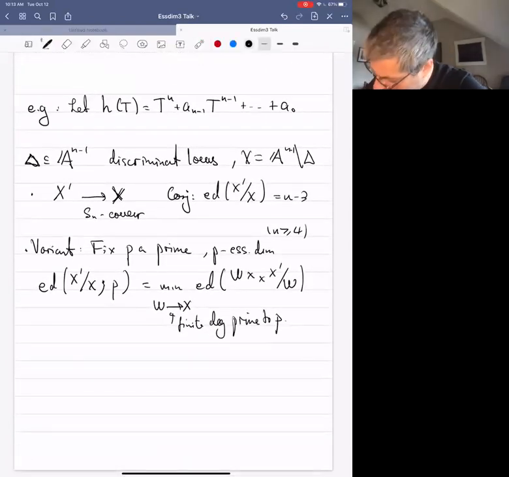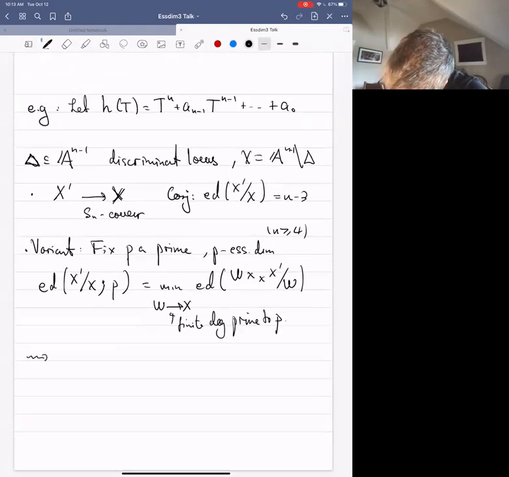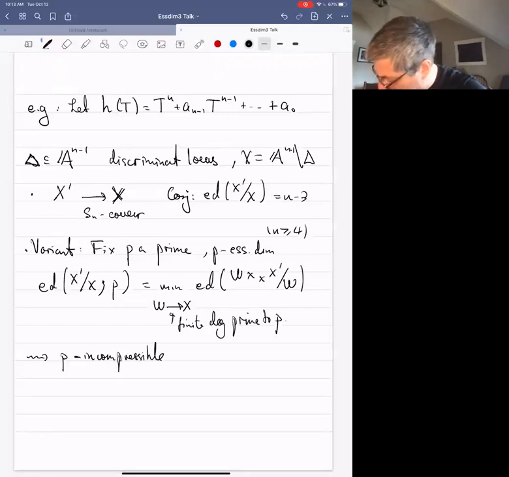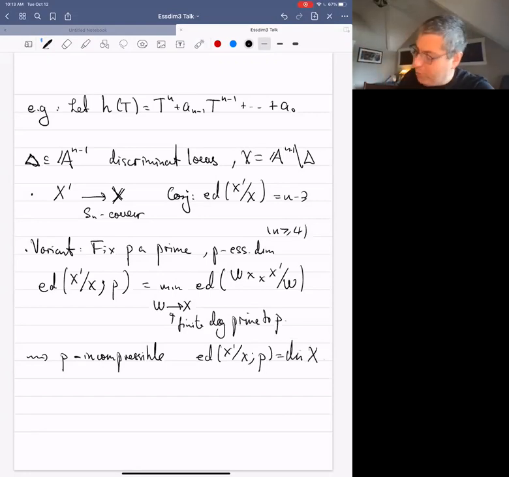Most of the things I'll be talking about, the result will be that the covering is p-incompressible, which just means that the ED at p is equal to the dimension. So that of course implies the essential dimension is also the dimension.